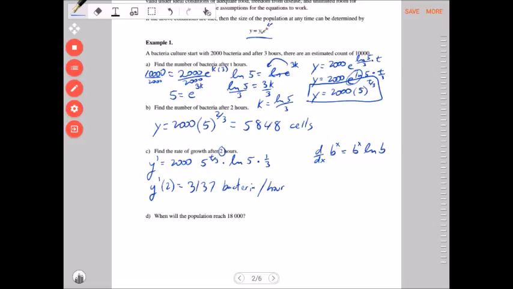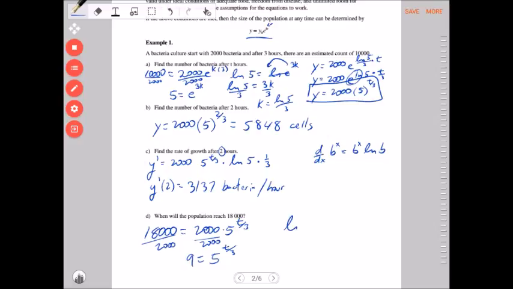Okay, and then when will the population reach 18,000? So 18,000 equals 2,000 times 5 to the t over 3. We divide by 2,000, and 9 equals 5 to the t over 3. Now we turn this back into logarithmic form to solve for stuff like this.